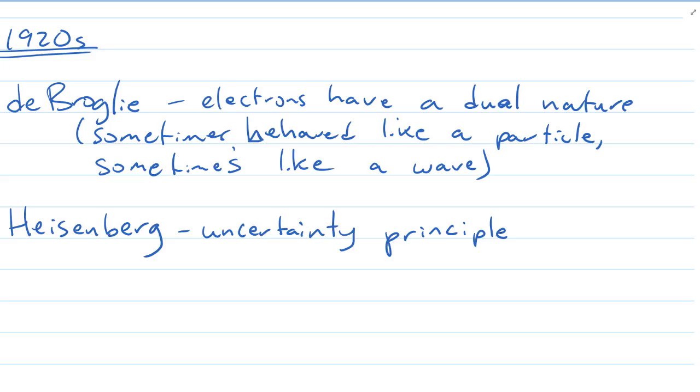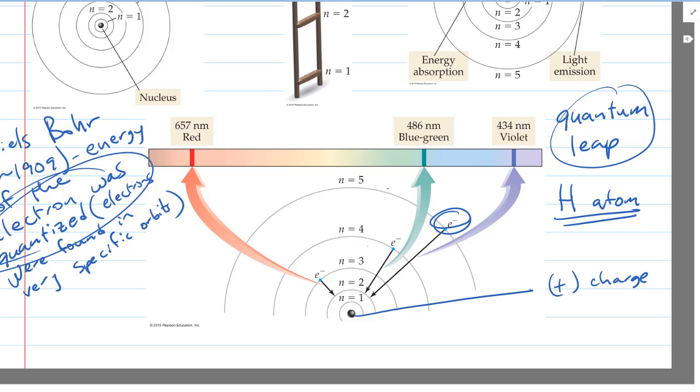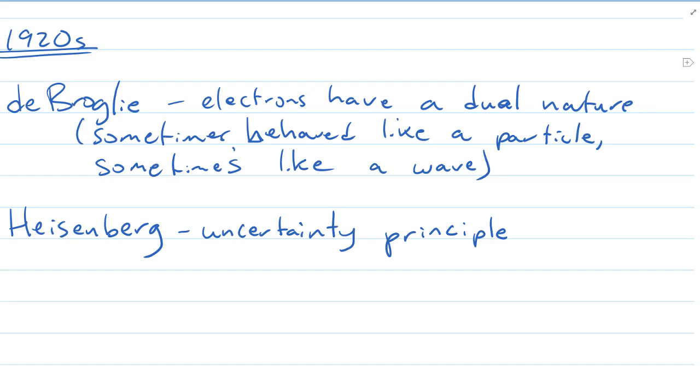If we learn something about its speed, we'd know nothing about its location. Mathematically, we could not know the two at the same time. So when we talk about the Bohr model, this model is way too predictable. And so we cannot be that predictable about the speed and location of electrons in atoms.